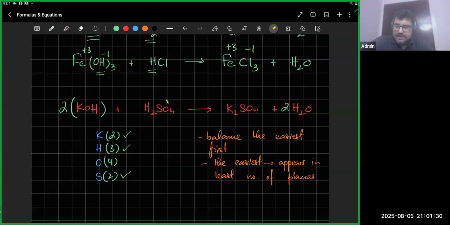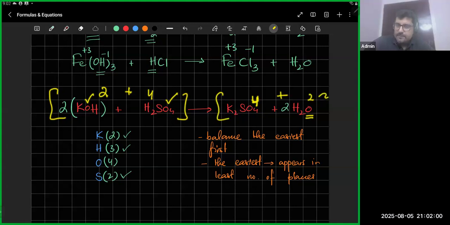Count the oxygens. That's 4 here. And here, that's 2 oxygens. There was one oxygen, but it's being multiplied by 2, so that's 2 oxygens. So on this side, I've got 4 oxygens over here and 2 over here, so that's 6 oxygens, right? On the other side I've got 4 oxygens over here, and one oxygen multiplied by 2, so that's 2 oxygens. 2 plus 4 is 6, right?